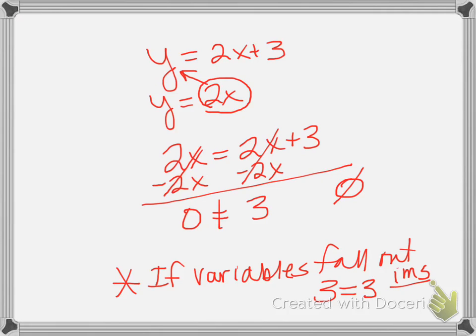Infinitely many solutions. So if they fall out and they're not equal, like this one, you say empty set. If they are equal, let's say 3 equals 3, you would say IMS. Either way, you're substituting in and solving for an x value and a y value to give the answer as an ordered pair.